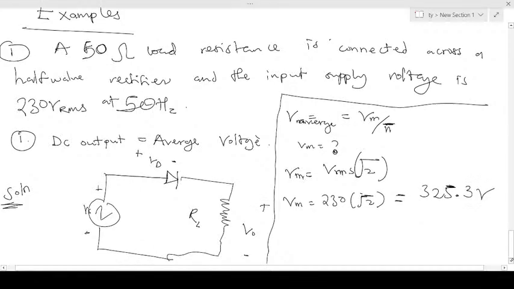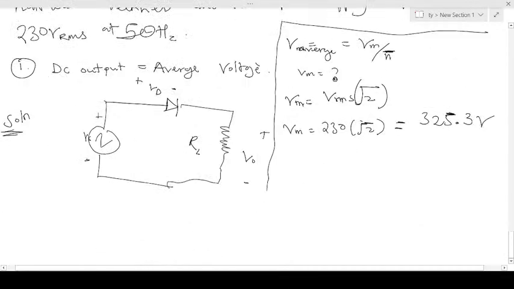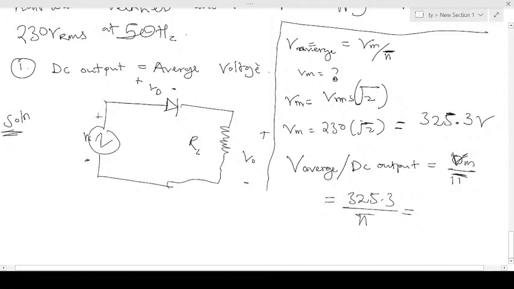Now that we have our Vm, we can calculate our V average, or our DC output, which we previously stated is Vm over pi, which means 325.3 over pi. This will give us 103.5 volts.